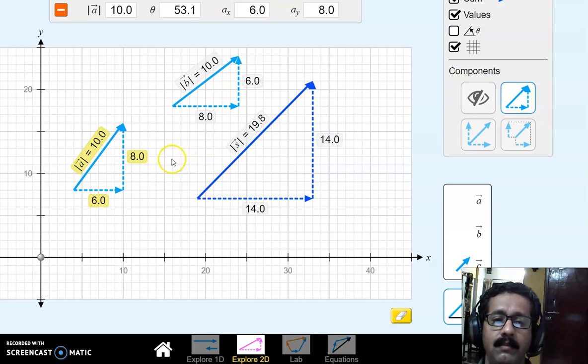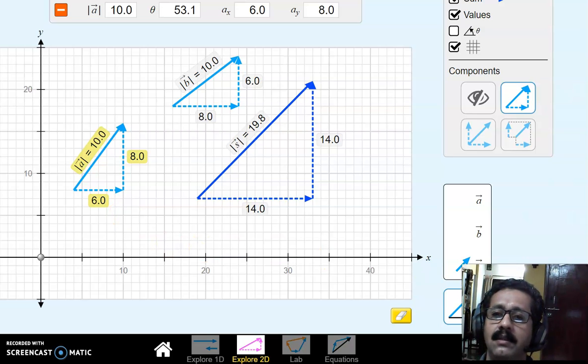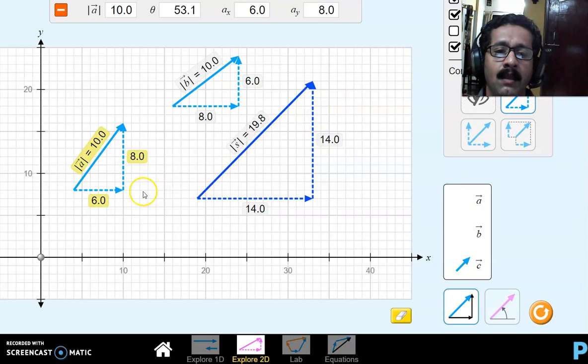Now listen to what I am saying very carefully. This vector a is given by 6i cap plus 8j cap, whereas vector b is represented by 8i cap plus 6j cap. If I want to add these two vectors, the x component will get added with the x component, and the y component with the y component, that is, i cap and i cap will get added up.